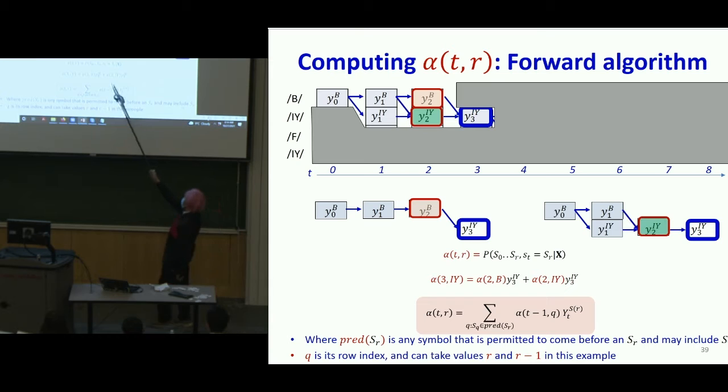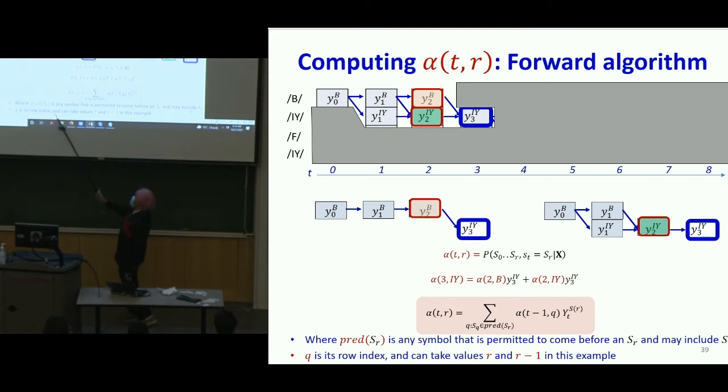The total probability of the subgraph starting from y0b and ending at y3e is going to be alpha 2b times y3e plus alpha 2e times y3e. You can see how this works out, correct?